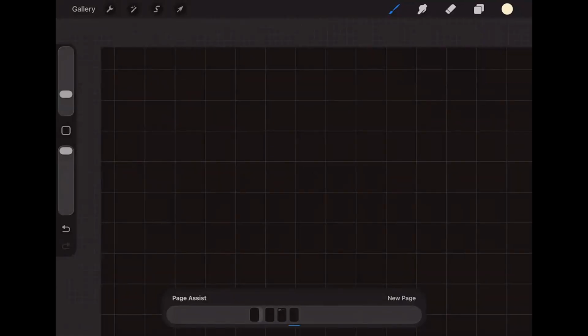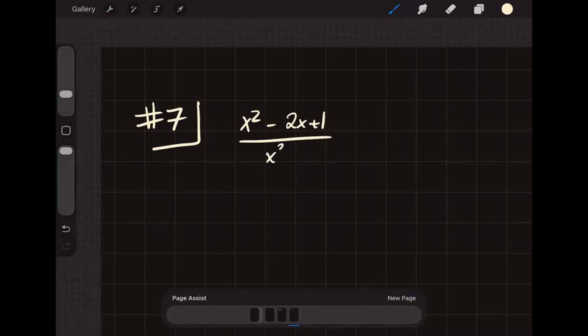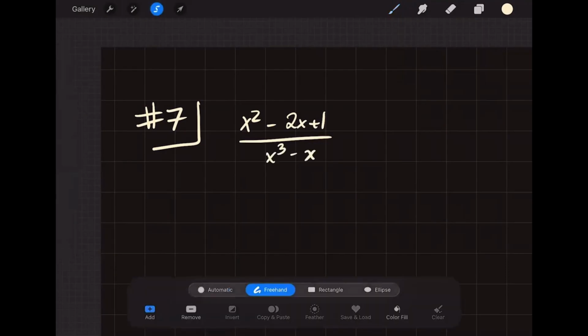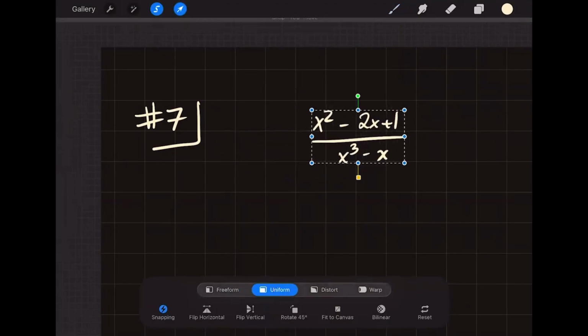Actually, what I'll do first is take a look at problem number 7 on our homework, which is x squared minus 2x plus 1 all over x cubed minus x. The question is: is it continuous? Why or why not? I'm also going to take the limit of it.